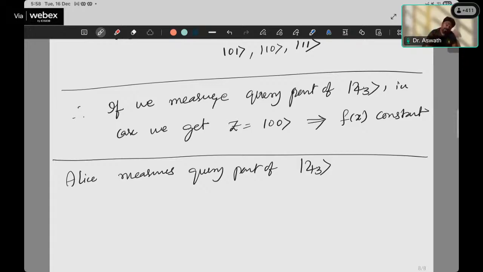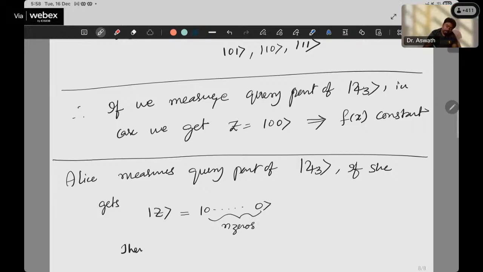And in case she gets z being all zeros, n zeros, then she concludes that f of x is constant.